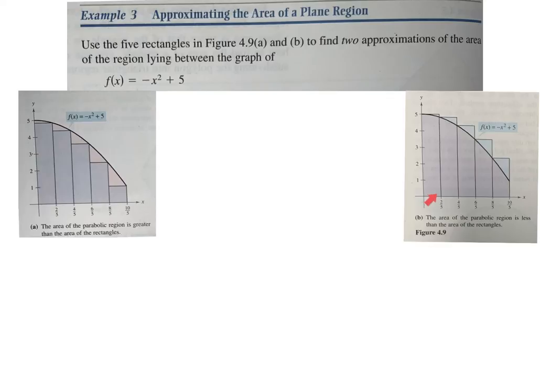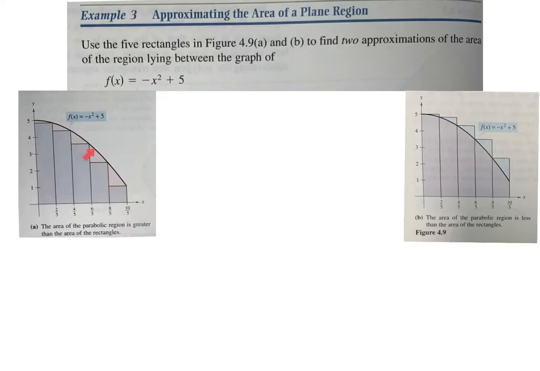Well, if I use my height based on the y value across here, well, I have too much. And so what they found was it's somewhere in between, right? So if I have these guys on the left side, and these guys on the right side, I know my actual area is going to be somewhere in between them. And so this is how they started calculating this.